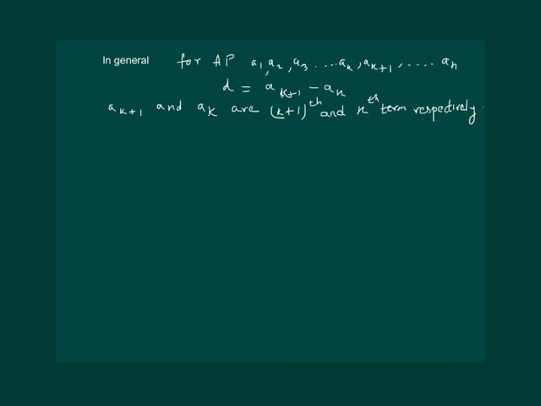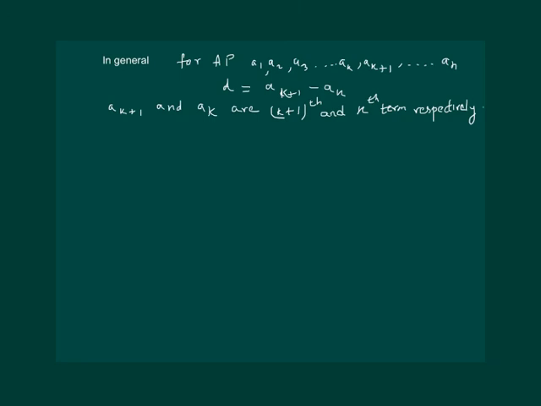That is, to obtain d in a given arithmetic progression, we need not find all of a2 minus a1, a3 minus a2 and so on, that is, all the differences. Instead, it is enough to find any one of them.